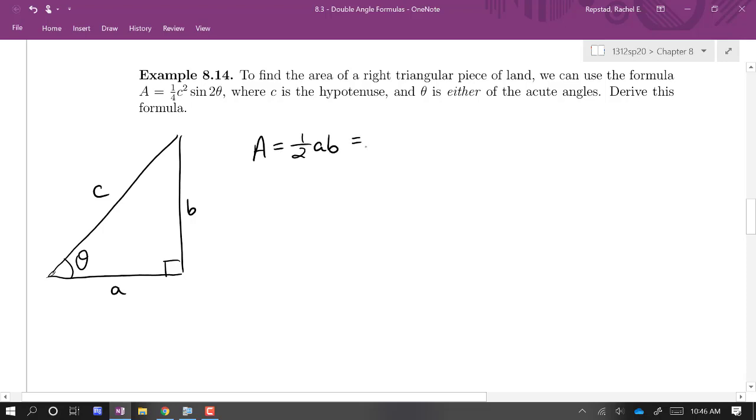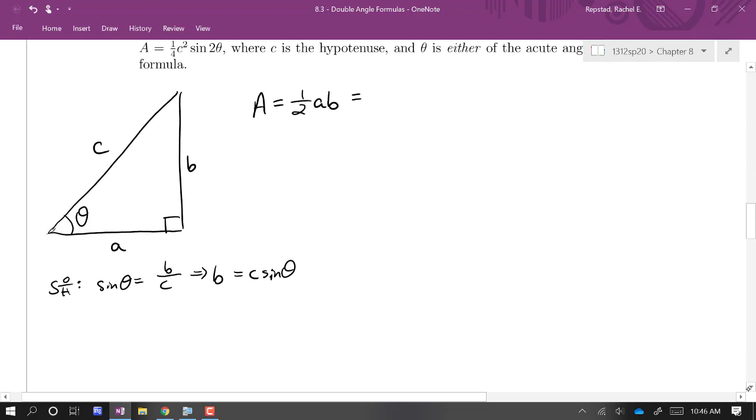Now what we'll do is use this right triangle. If we use SOHCAHTOA, and in particular the sine part of that, we find that sine theta is B over C, which means that B is equal to C times sine theta. And if we use the cosine part, cosine theta is A over C, which means that A is equal to C times cosine theta.